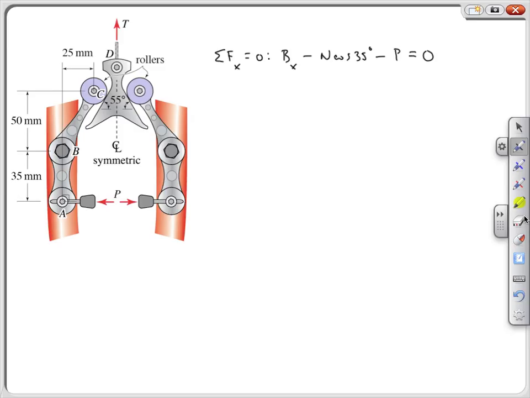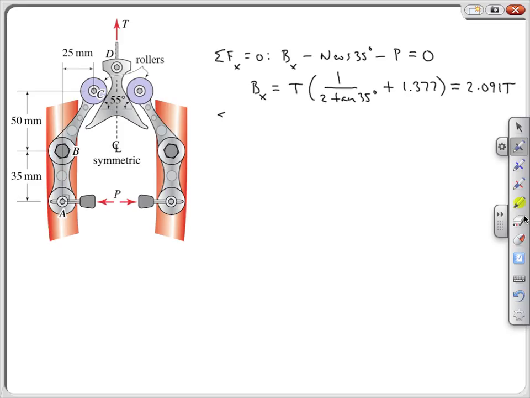And now having N and P as multipliers on T, we can get a similar expression for Bx using our result that N was T times 1 over 2 sine 35. We end up with 1 over 2 tangent 35. And then our value of P was 1.377 times T, and this ends up giving us 2.091 times T.